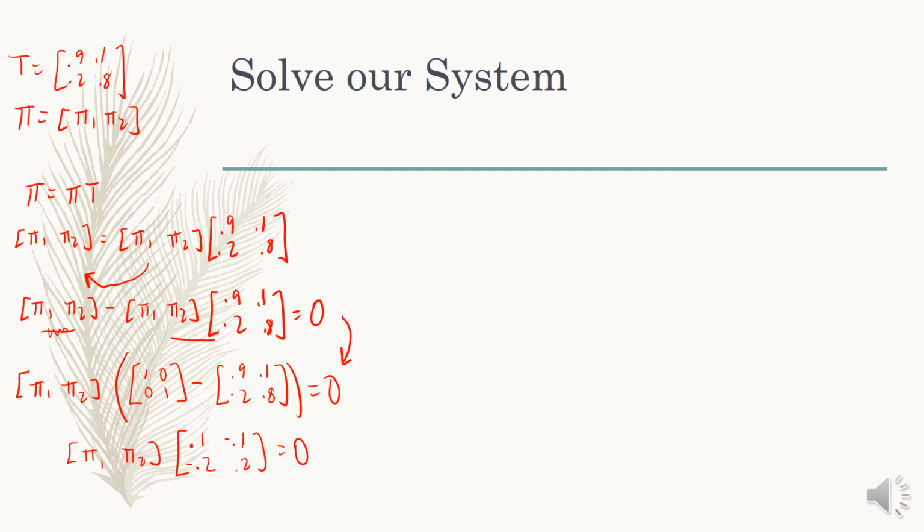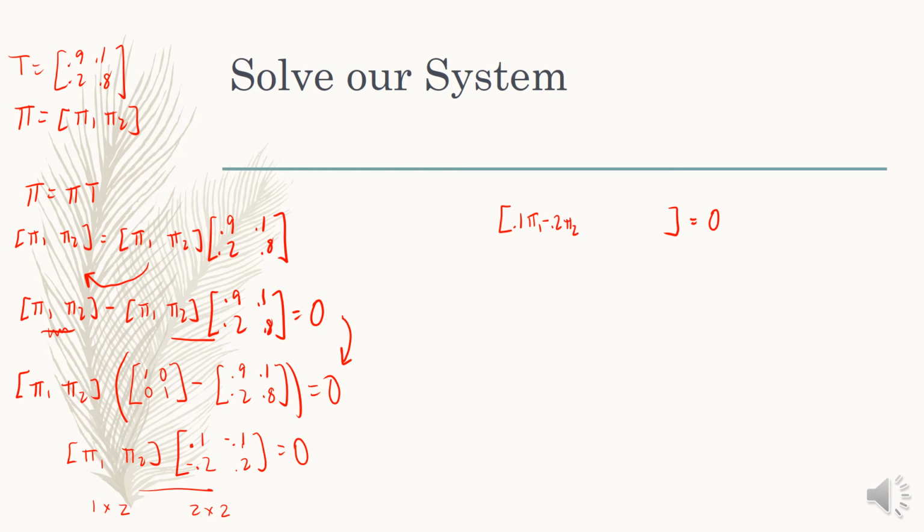Now we're getting somewhere. Once I get to this step, I'm going to multiply these two matrices out, and again, I know they equal 0. This was a 1 by 2, this was a 2 by 2, so it's going to result in a 1 by 2 matrix. For my first one, I'm multiplying the first row by the first column, so it looks like 0.1 pi 1 minus 0.2 pi 2.